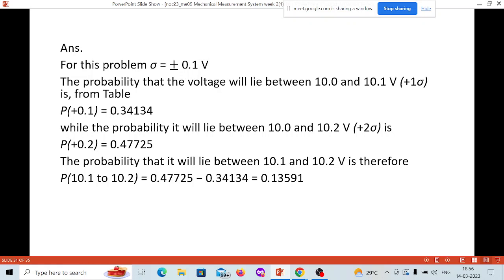The bell curve on either side gives you plus or minus. We need the interval between 10.1 and 10.2, so we only consider the positive regions. So from the table for the normal distribution, the probability for plus 1 sigma is 0.34134, and the probability that it will lie between 10 and 10.2, for the 2 sigma value, is 0.47725.